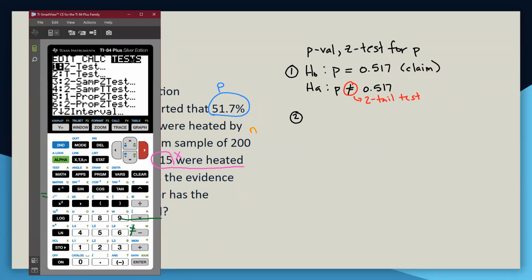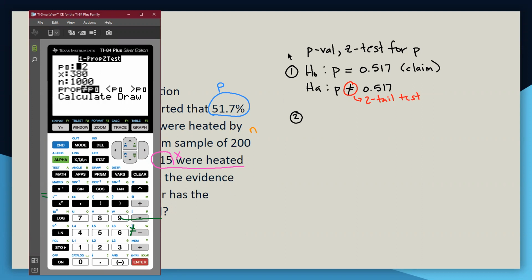I'm in the test menu, and I know that I'm looking for one prop Z test. I'm going to make a note here of the function call that I'm using and all of the information that I'm plugging in. So, one prop Z test.